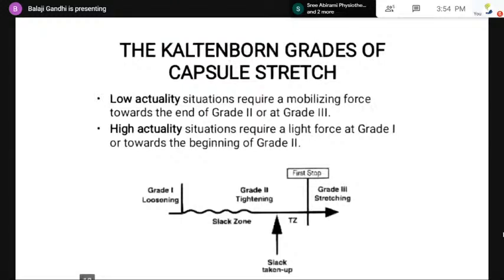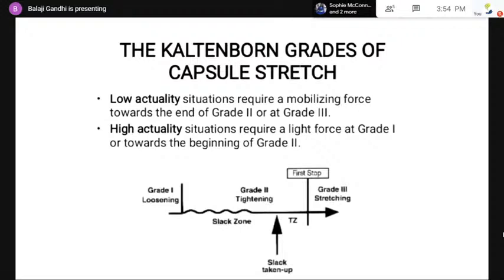So what are the Kaltenborn grades of capsule stretch? Kaltenborn also described grades, but these are entirely different from the Maitland grades. You can see this picture: grade 1, grade 2 and grade 3. Grade 1 will be given when there is slack, when the soft tissue surrounding the joint is in the loosening stage.